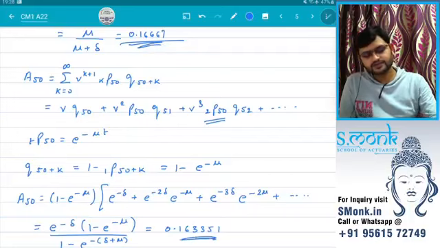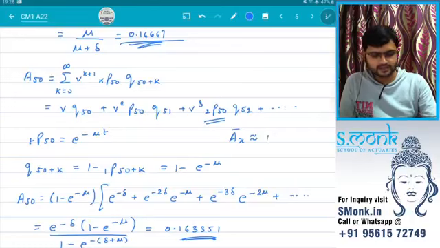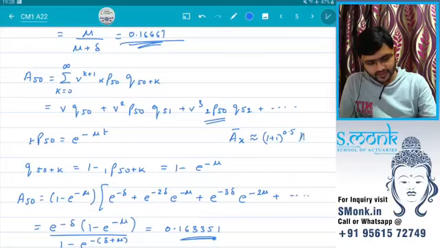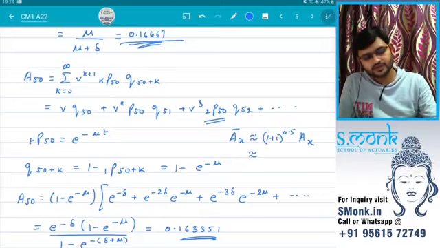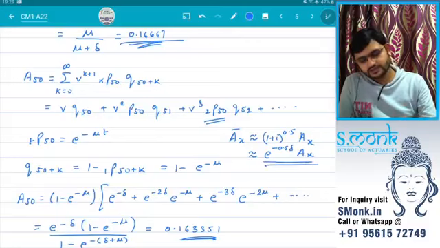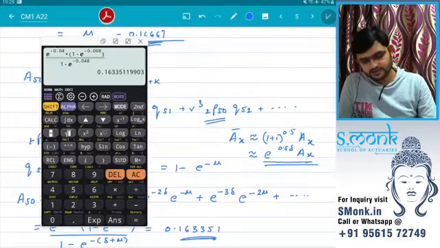What might be the difference? We know our a bar x is approximately 1 plus i raised to 0.5 times ax. We have the rate of interest in terms of delta, so approximately this would be e raised to plus 0.5 times delta, times ax.